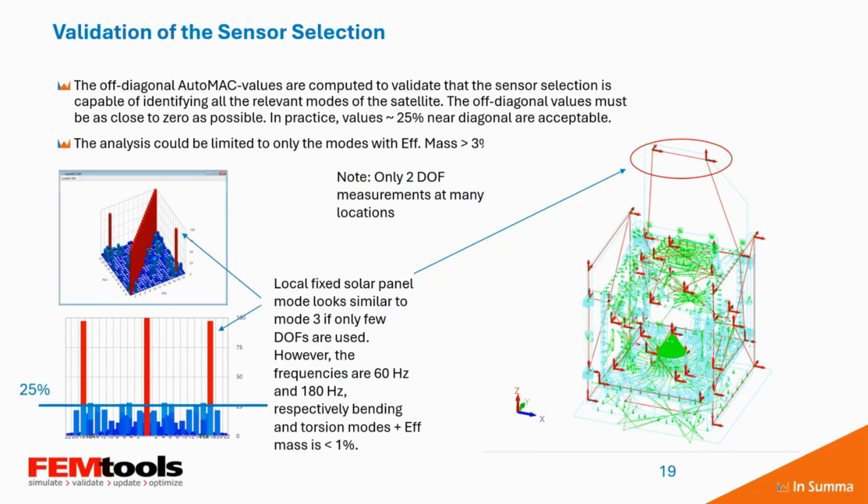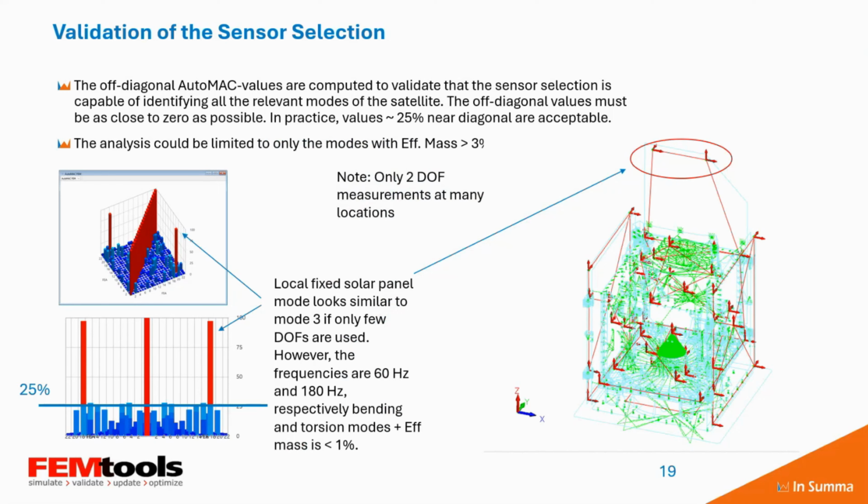And from the AutoMAC plot that we see on this top left figure right here, we can see that most of the modes are independent of each other because they are all aligned diagonally with high values. However, we see that there are two very high off-diagonal bars standing very distinct.